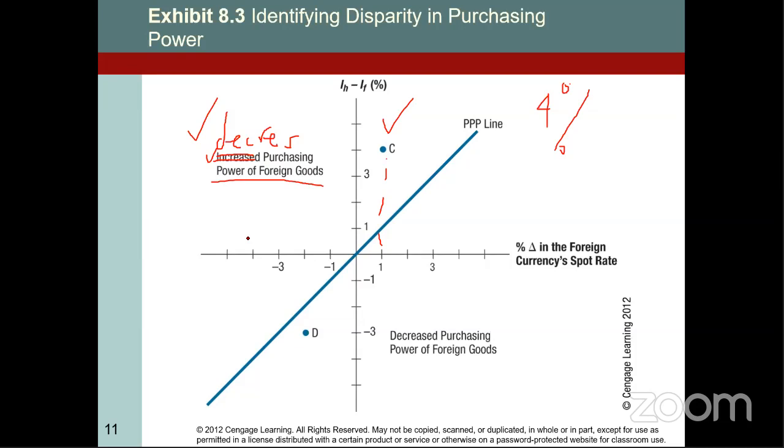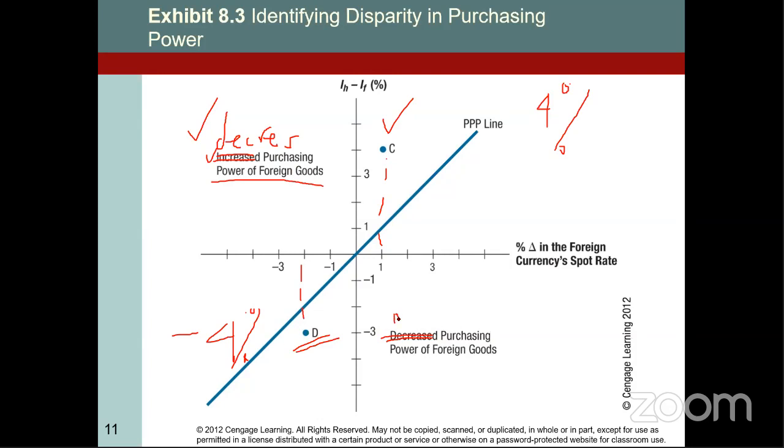So your job is for scenario two. The same problem happens if you have a -4% inflation differential. Then you have D here, because at D you only move about 2% in purchasing power or in foreign exchange. This is also the same for the direct quotation.